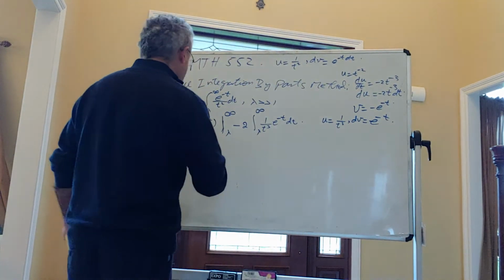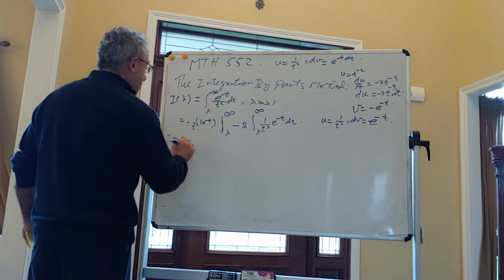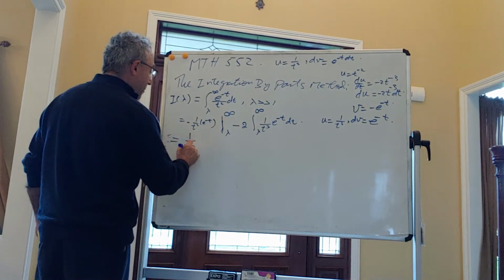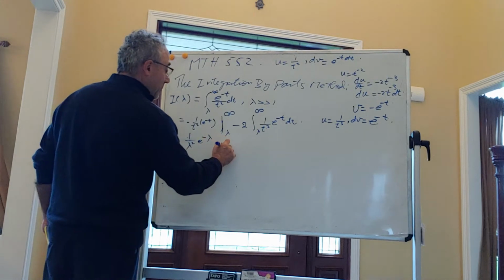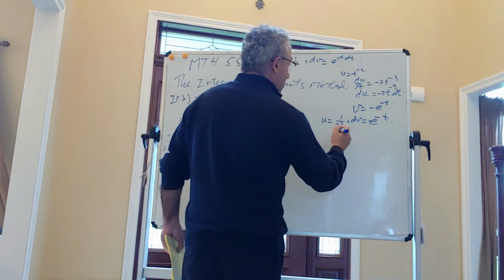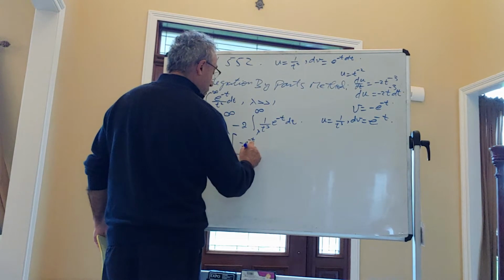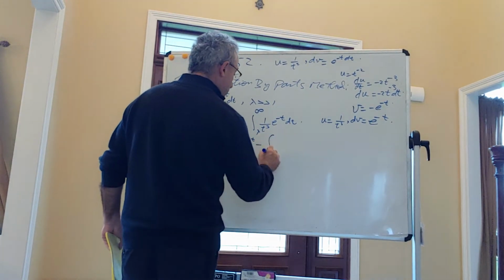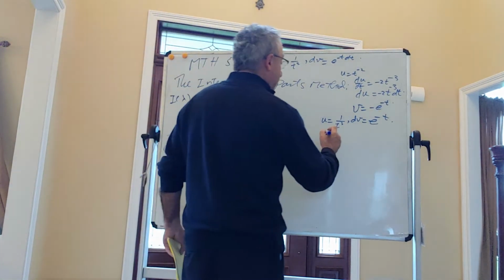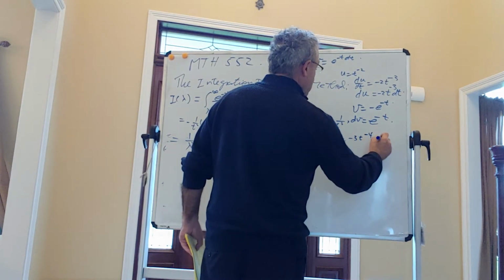Now remember, if you put infinity, you get 0. So this is going to be 1 over lambda squared e to the minus lambda minus 2, and uv will be minus e to the minus t over t cubed, minus the integral of v du. I guess du is minus 3t to the minus 4 dt.